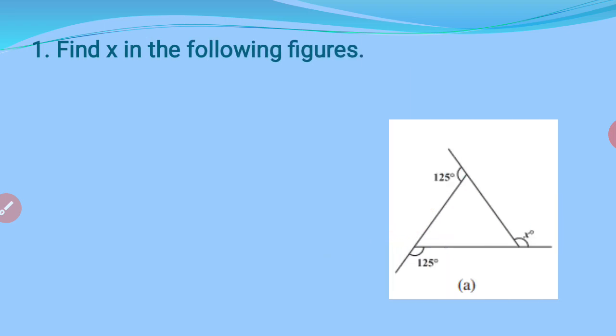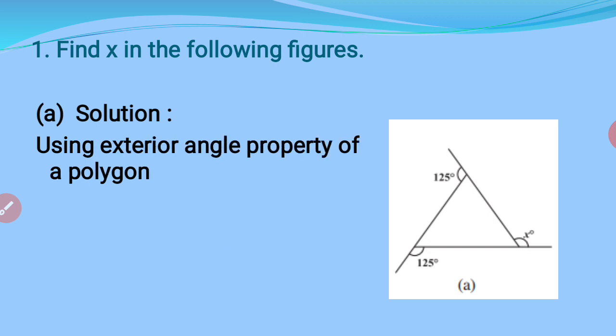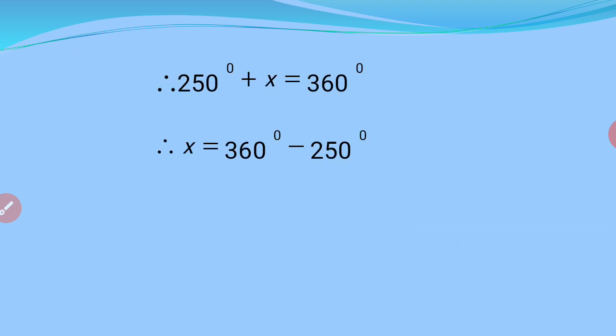If we go through the figure properly, we will see that all the angles are exterior angles, and we have studied that the sum of the exterior angles of a polygon is always 360 degrees. So 125 plus 125 plus x equals 360 degrees. When we solve it, we get the value of x to be 110 degrees.